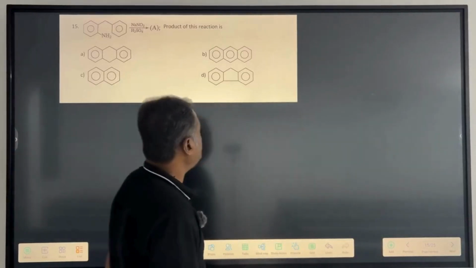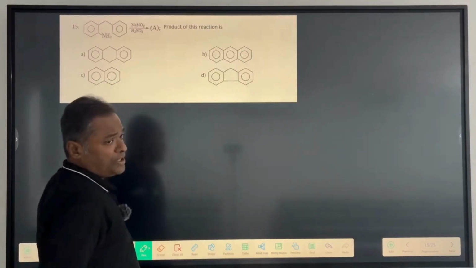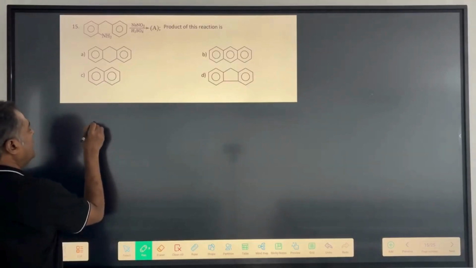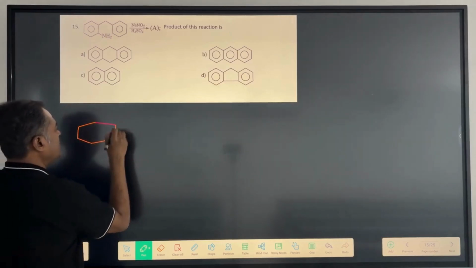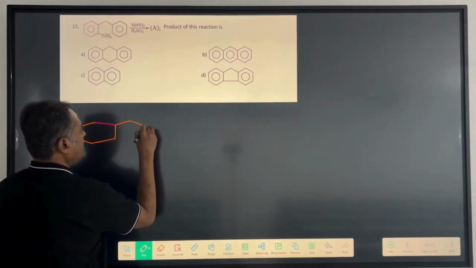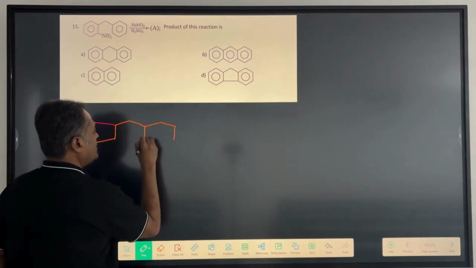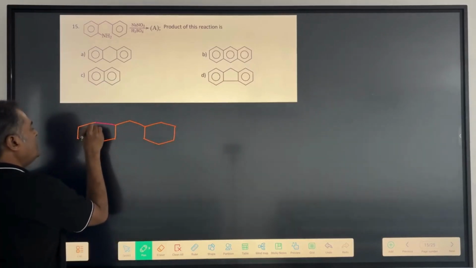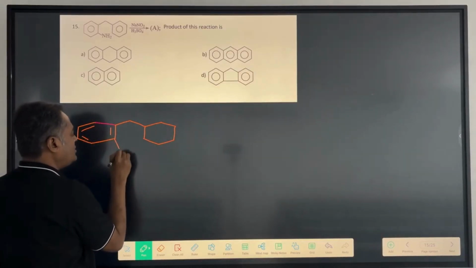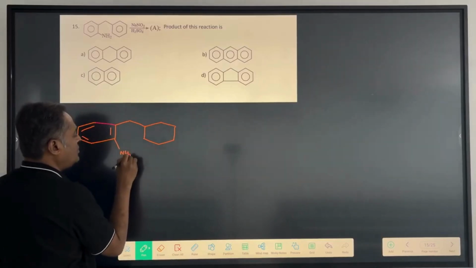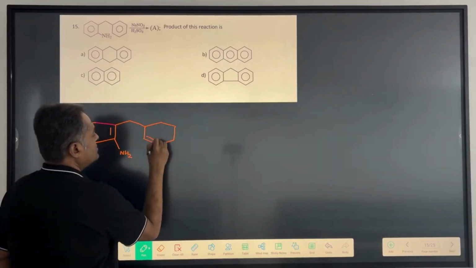What is there on the screen? I think here there's one molecule given to you, and that's nothing but a benzene type of nucleus, having again a benzene type of nucleus. Now I'll show you your pi bonds, and here you have got an NH2 group, correct? Again over here it's a benzene ring.